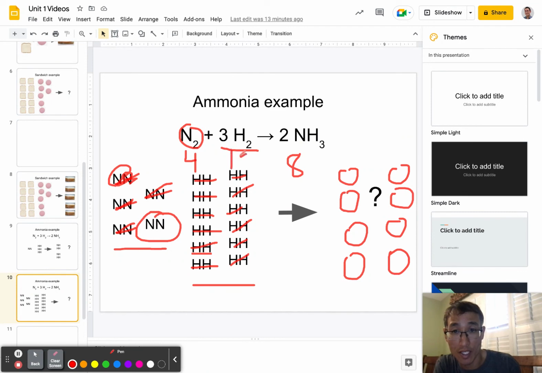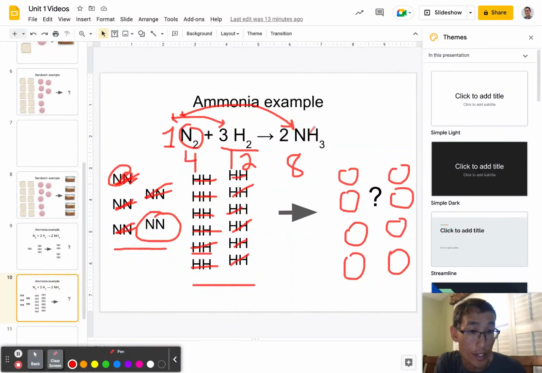And you can see, well, look at the ratios here. This is a 1 to 3 ratio. Okay, 1 to 3 ratio. 4 to 12, that's a 1 to 3 ratio. So you just multiply 4 times 3. Also, 1 nitrogen for 2 ammonias.